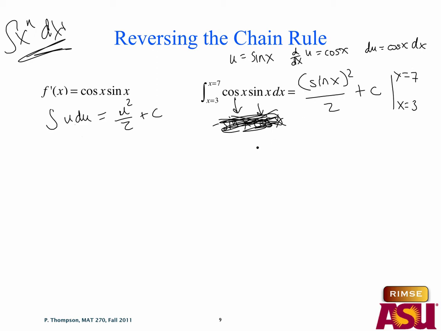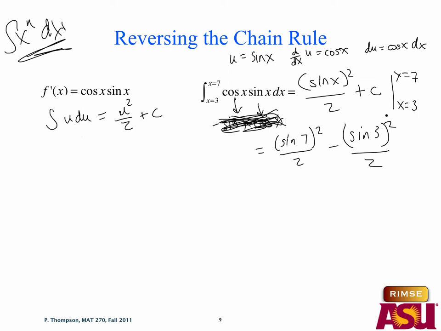So final answer here would look like sine of 7 squared over 2 minus sine of 3 squared over 2. Right? Because remember, this notation means evaluate. Why didn't I write plus c?